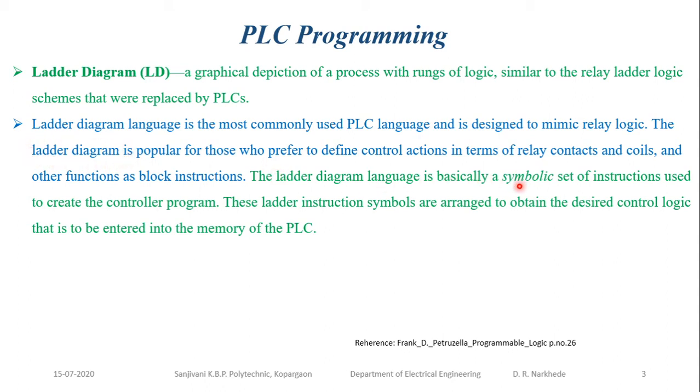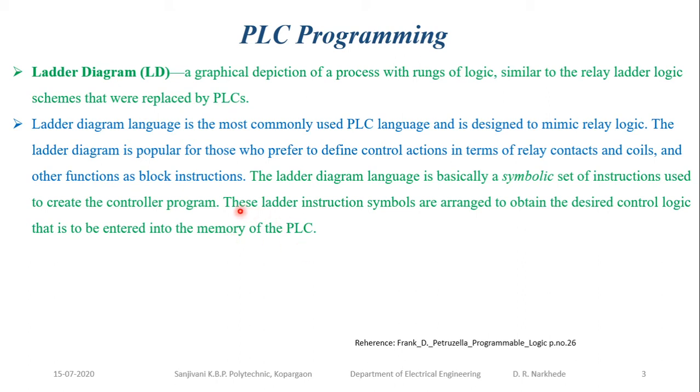The ladder diagram language is basically a symbolic set of instructions. There are certain instructions which are represented in terms of symbols used to create the controller program. The ladder instruction symbols are arranged to obtain the desired control logic that can be entered into the memory of the PLC.